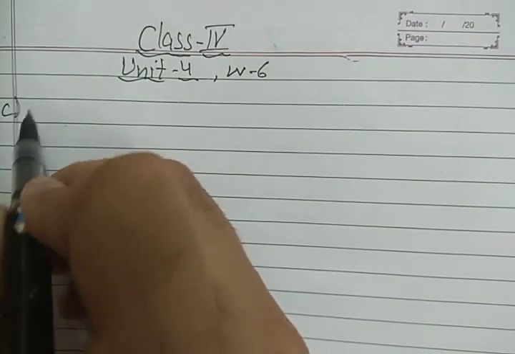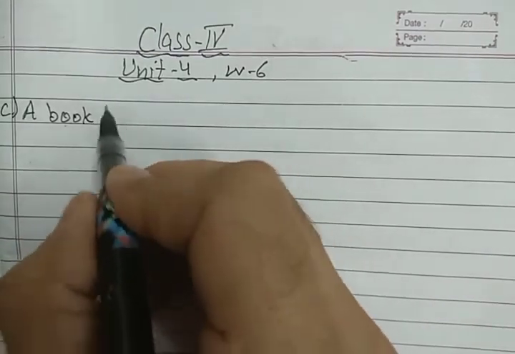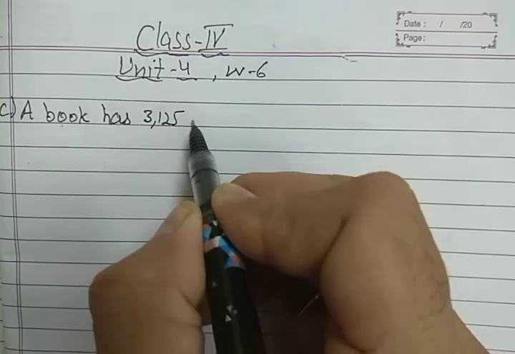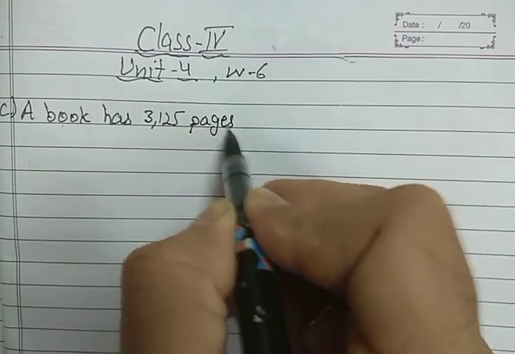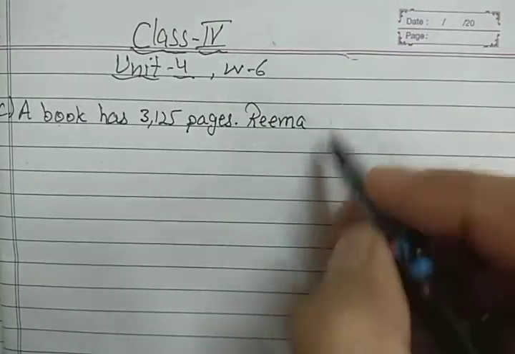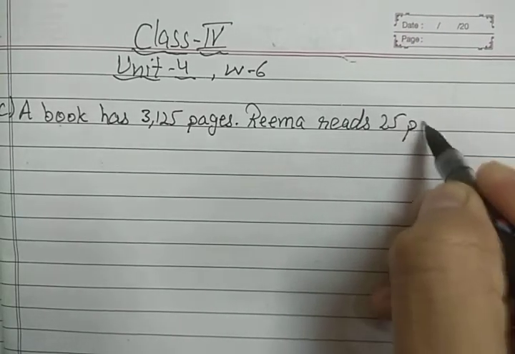So here the question is, a book has 3,125 pages and Rima, the name of a girl, reads 25 pages daily.